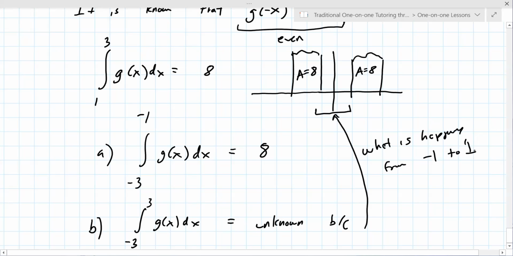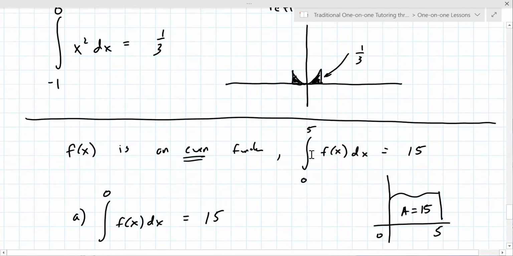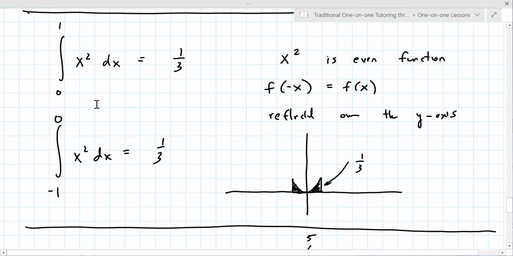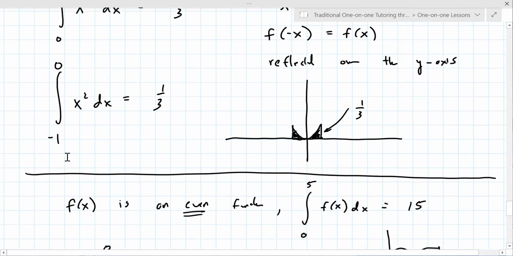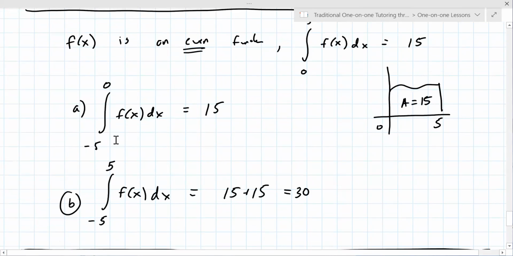We don't know. It's not given. So there are some limitations there. In the previous example, I said it's from 0 to 5, or from 0 to 1, then you can go -1 to 0 or -5 to 0. But if there's a gap, you don't know what's happening in there.